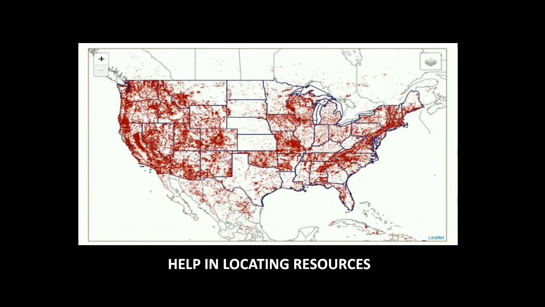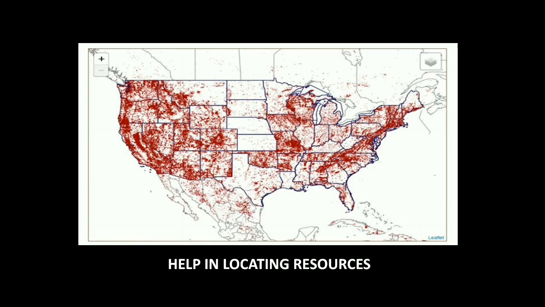When we are in a new place, we don't know what is at each location, but when we look into a map, we can find out where resources are available, and what type of natural resources are there in this region.